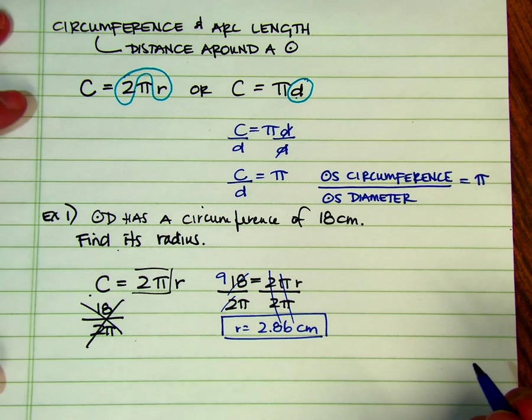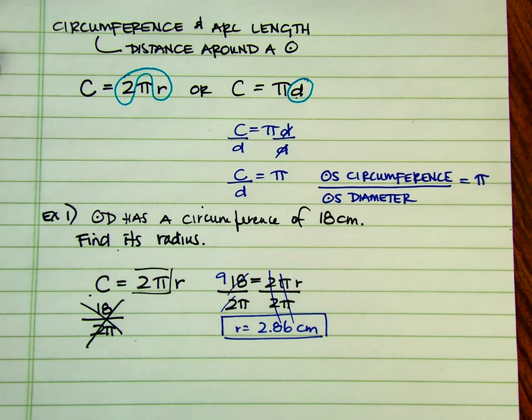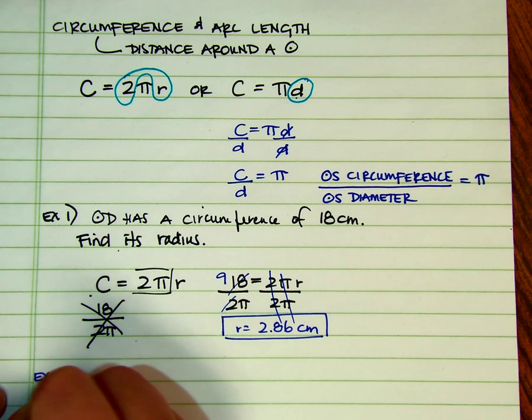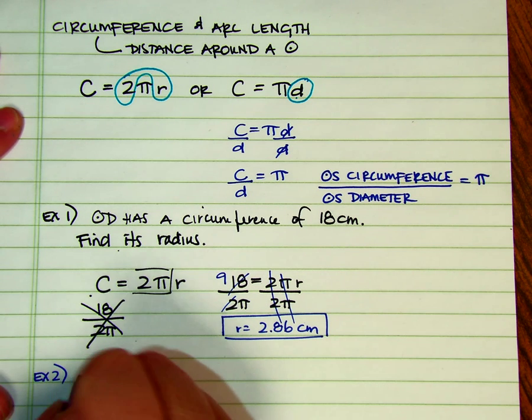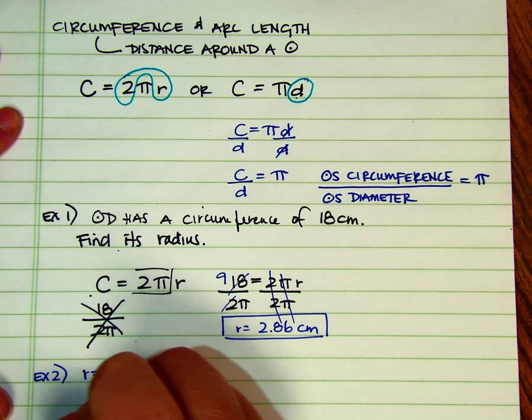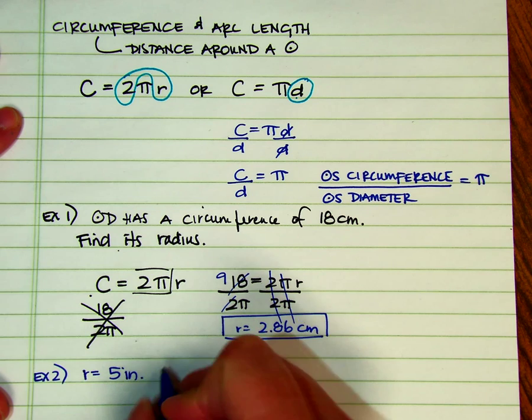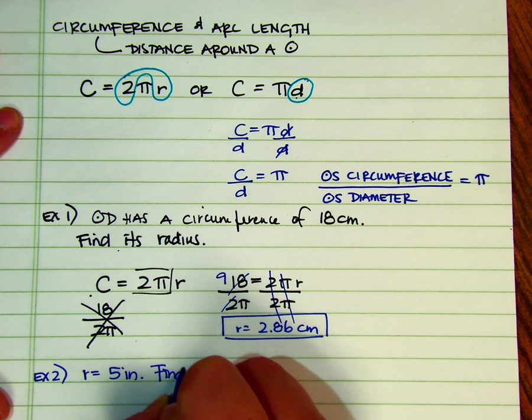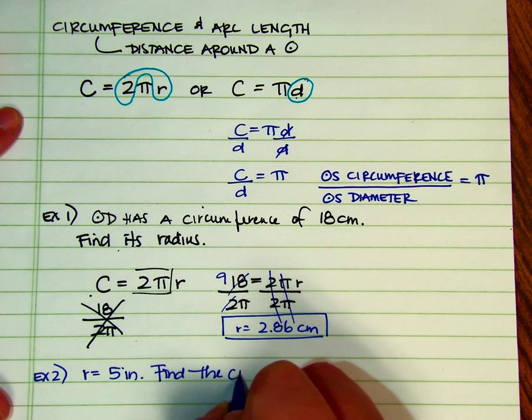Let's go the other way. Example 2: if I have a radius equals 5 inches, find the circumference.